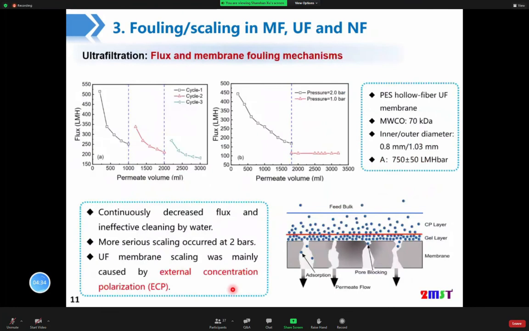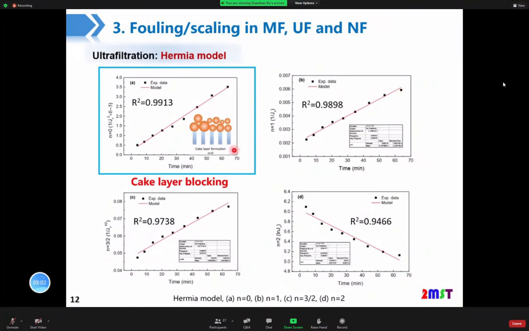In the ultrafiltration process, we found membrane scaling caused continuously decreased flux, especially under the two bars. More serious scaling occurred. This is because ultrafiltration membrane scaling was mainly caused by external concentration polarization. The Hermia model calculation shows that the membrane scaling in ultrafiltration belongs to cake layer blocking.